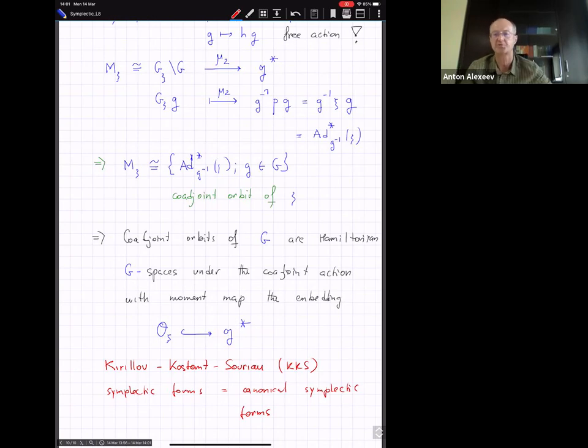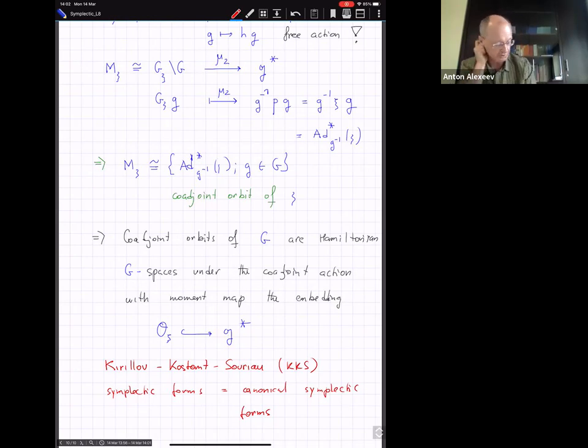Just from my own experience, about 30 years ago, when I was starting my research career, I was working on certain symplectic forms on coadjoint orbits for infinite dimensional groups. And sometimes the development of science is periodic, and recently it became of interest again. So now I'm again working on certain symplectic structures on coadjoint orbits.